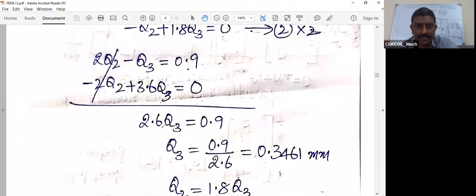So 2.6 Q3 is equal to 0.9. Therefore Q3 is equal to 0.3461 mm.